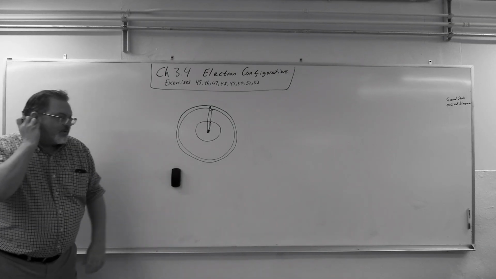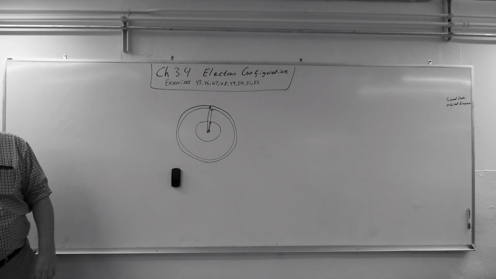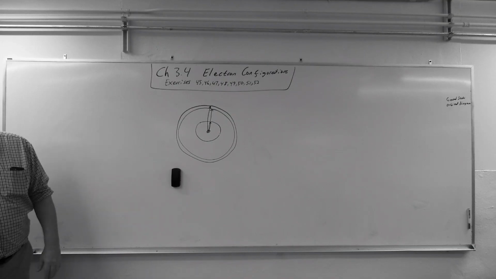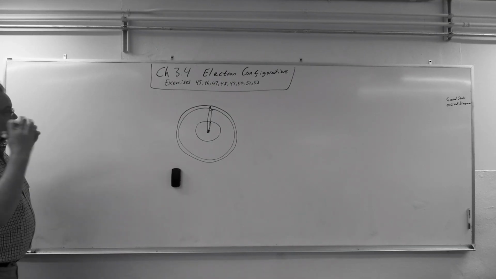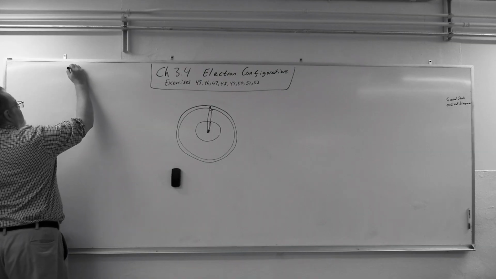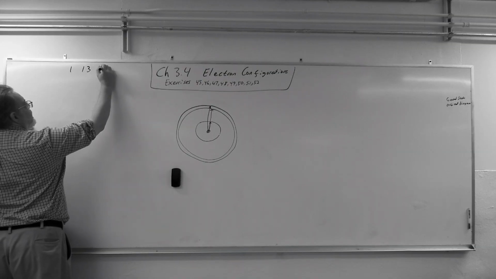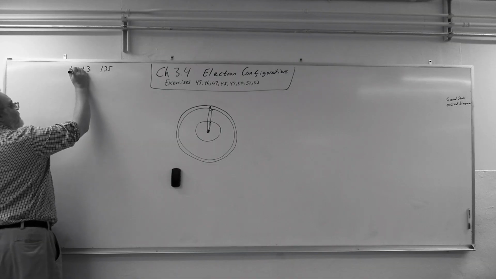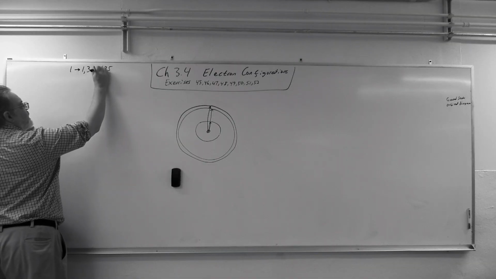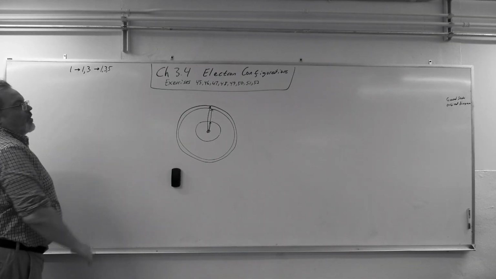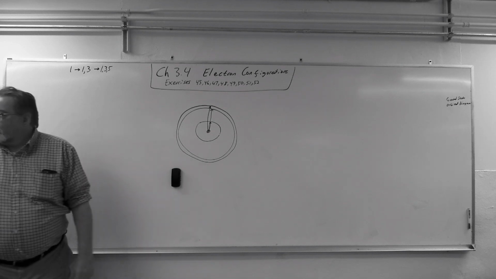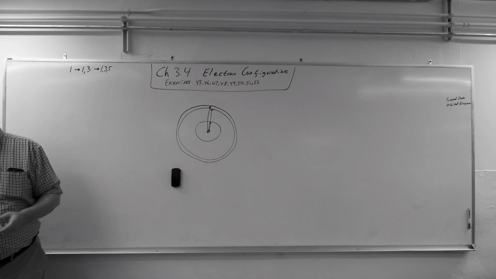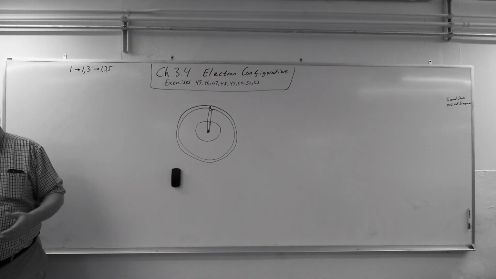The way I have always done this in early textbooks, some of the textbooks don't do it this way anymore, but I'm telling you this is the way to picture this. Think like this: 1, 1, 3, 1, 3, 5. Whenever you're about to do electron configurations, first thing say to yourself, 1, 1, 3, 1, 3, 5.